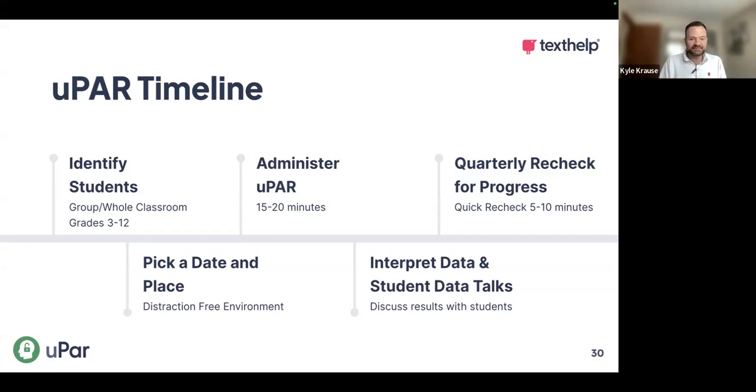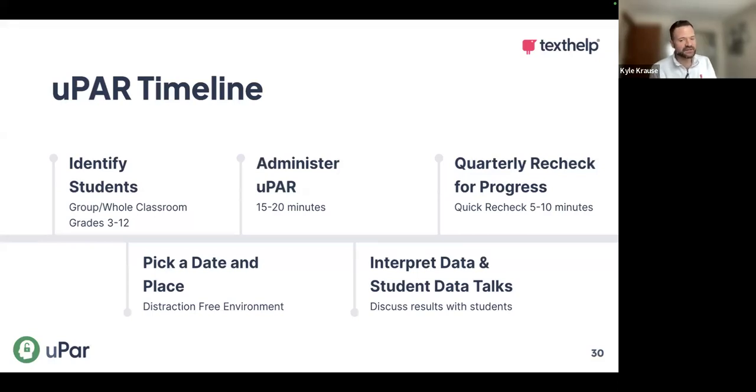Maybe picking a date and time would be the second thing to consider. Any gen ed classroom typically would suffice for this, even if it's not a whole class doing it. This is not a high stakes exam; a quiet, distraction-free environment typically works best. Set aside 15 to 20 minutes to administer a uPar protocol.